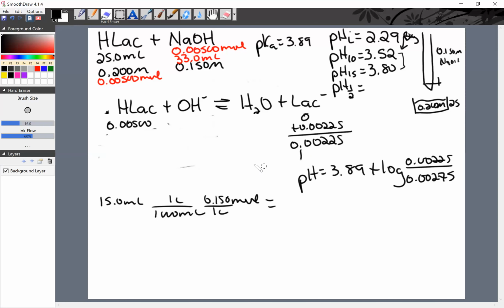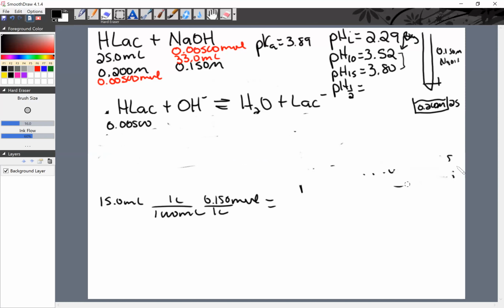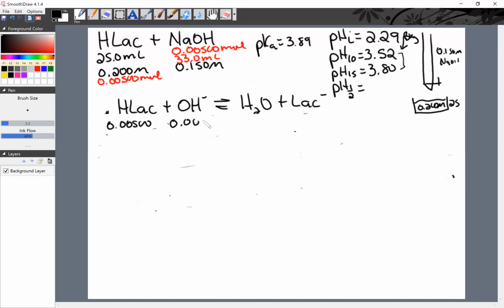Well, it would be 0.0025 moles. All right, is everybody seeing where I got that number from? So it's exactly half of what I need. So that's called the halfway point.